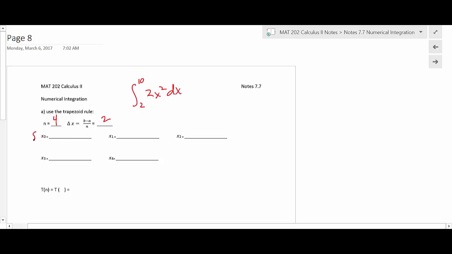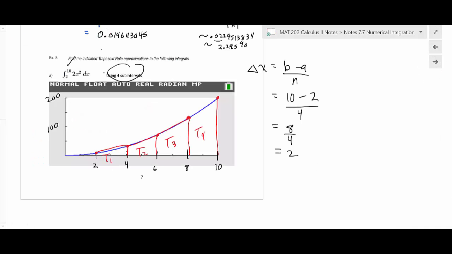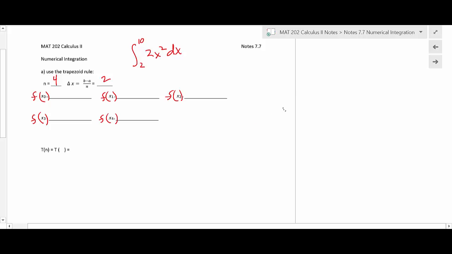So you need to evaluate these function values, which you can get with your calculator if you want, but the values on the graph are this. That would be x0. x0 is 2, x1 is 4, and so forth. If you want to write a note, x0 is 2, and then you're just going by 2s: x1 is 4, x2 is 6, x3 is 8, then x4 is 10.